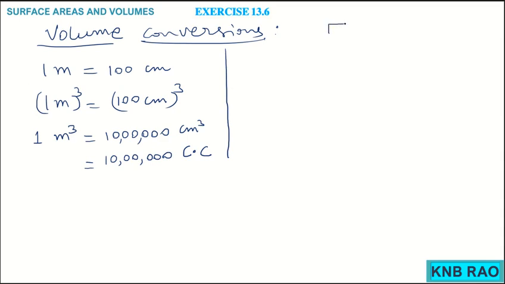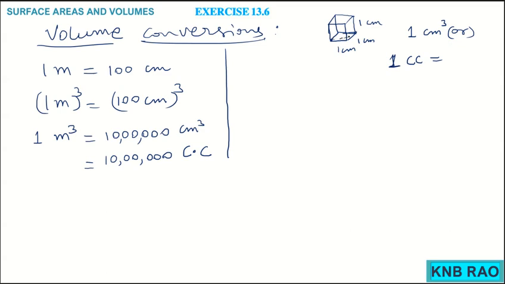If I take a cube of 1 centimeter by 1 centimeter by 1 centimeter, that means length 1 centimeter, breadth 1 centimeter, height 1 centimeter, it will have volume 1 into 1 into 1, that means 1 centimeter cube, or it is written as 1 cc, 1 cubic centimeter.